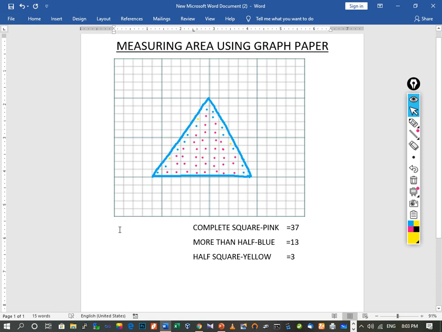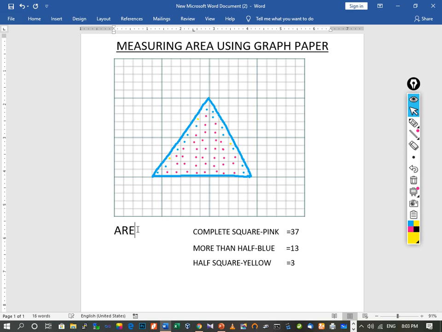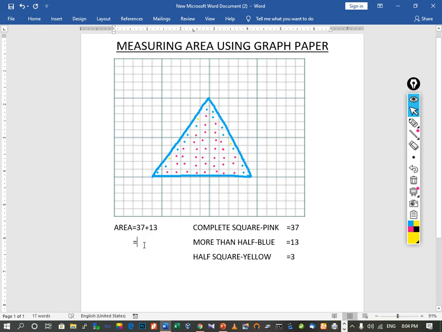Now to find the area, we will add up this 37 plus 13. So we have 37 plus 13, which will be equal to 50, and we have to multiply this by 1 because each square's area is 1 centimeter square.